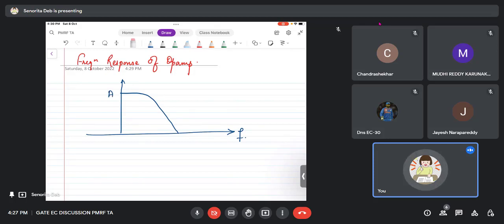Let me write this as open loop gain, this one will be AOL. This is the 3 dB bandwidth, AOL by root 2, this point, which gives you FOL, and this is the unity gain bandwidth, because the gain is unity here.